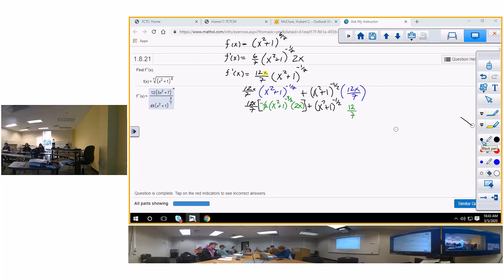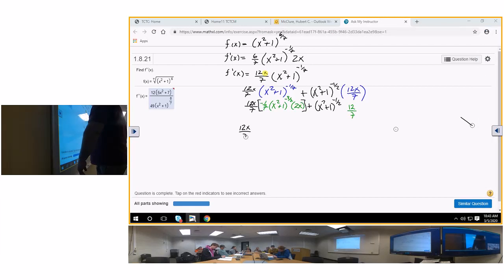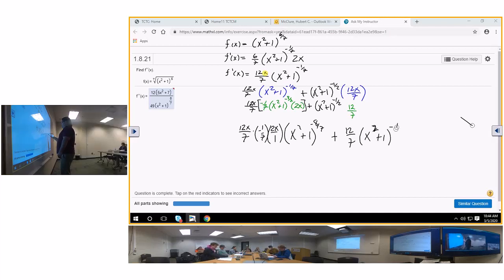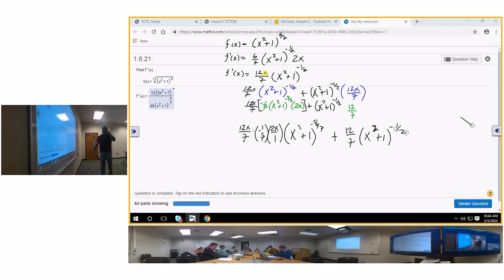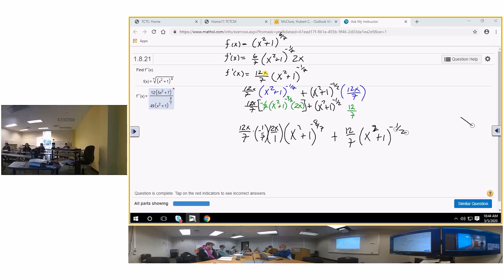Anyway, that 2x comes out. So that's going to be 12x over 7 times negative 1/7 times 2x over 1. Y'all make sure I don't mess up. X squared plus 1 raised to the negative 8/7 plus 12 over 7 times x squared plus 1 to the negative 1/2. I'm still not coming up with a 5x squared plus 7, so I don't know where they got that from.